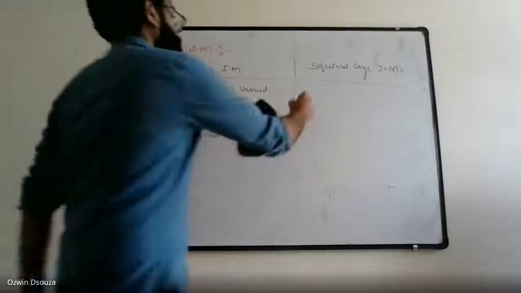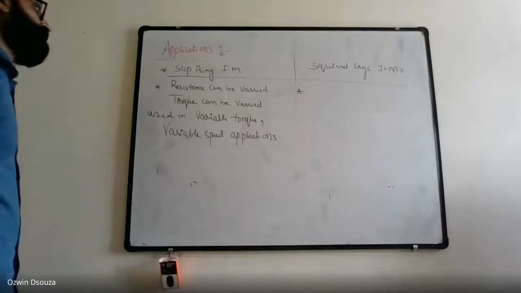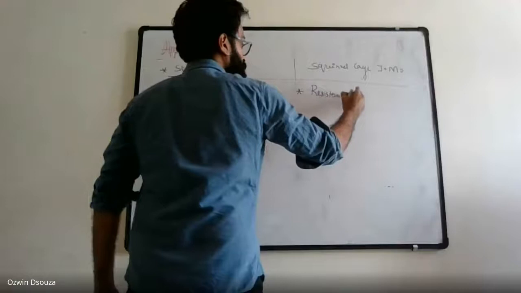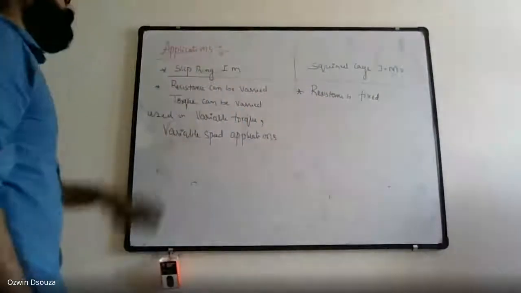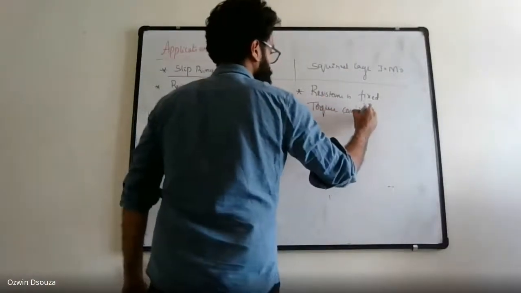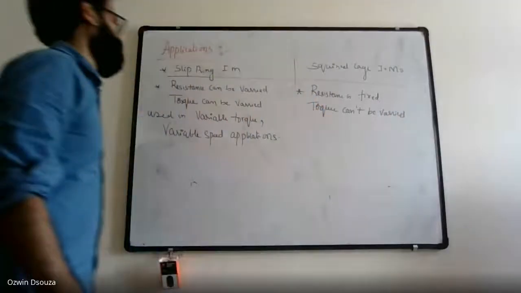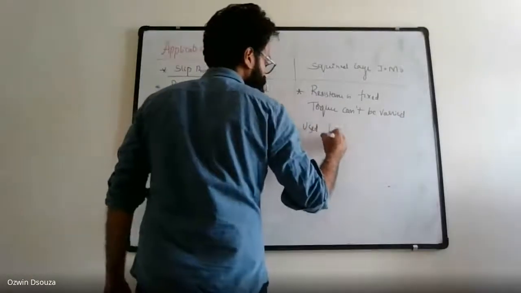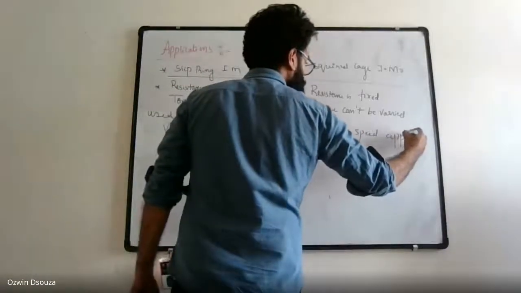On the other hand, the vice versa condition you are supposed to write under squirrel cage induction motor: resistance is fixed, and due to which torque cannot be varied. That's the reason they are used in fixed speed applications.